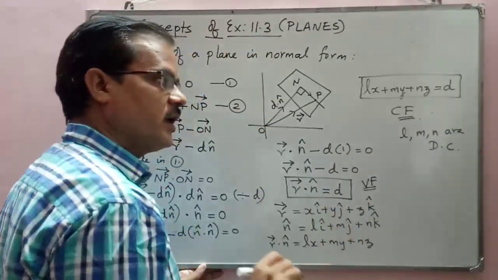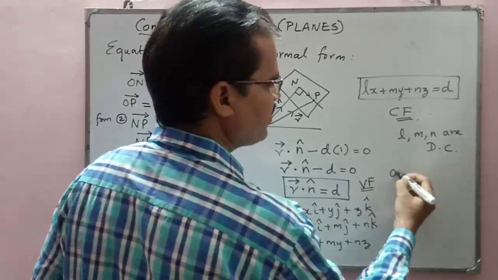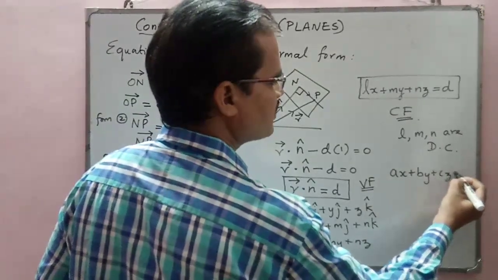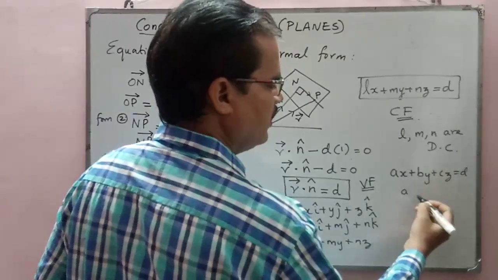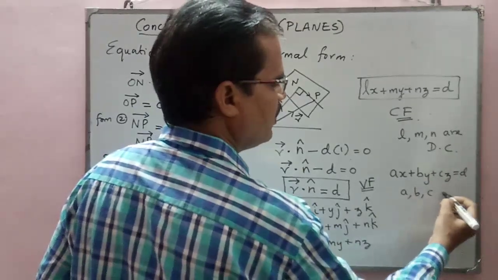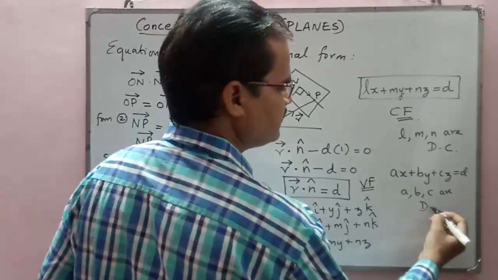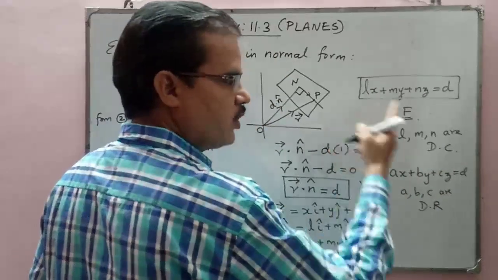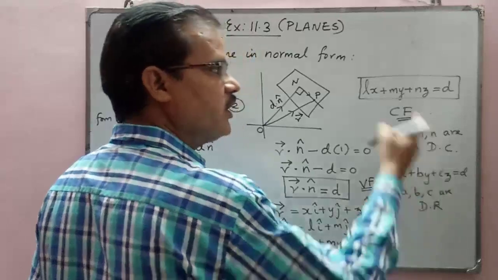If you are taking direction ratios, then this equation of the plane can be written as ax plus by plus cz equals d. Here a, b, c are direction ratios. In normal form, we will have only direction cosines. So if your equation is given like this, you have to convert it into the standard form.